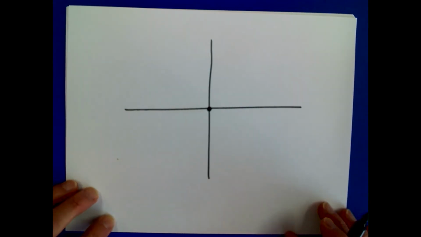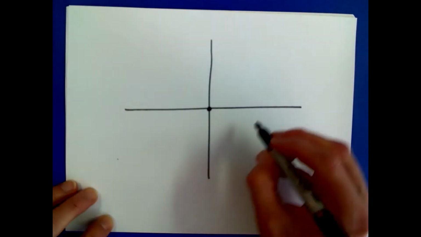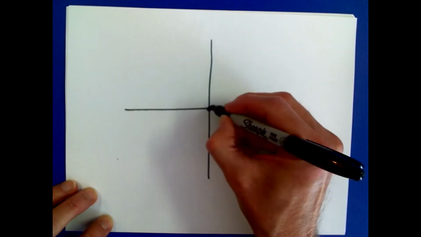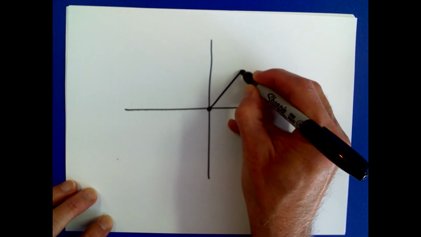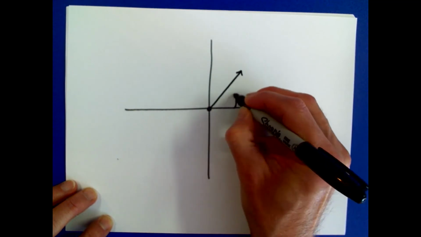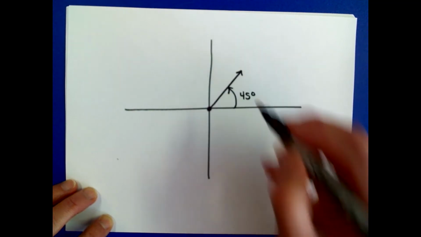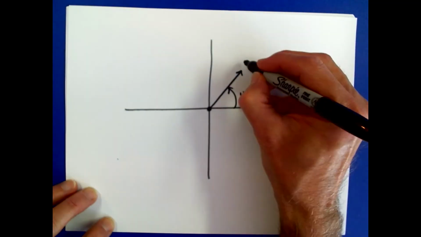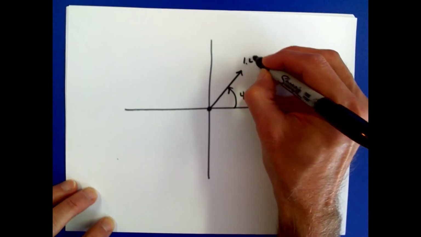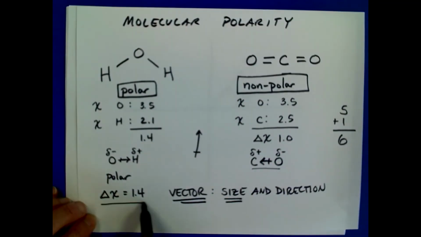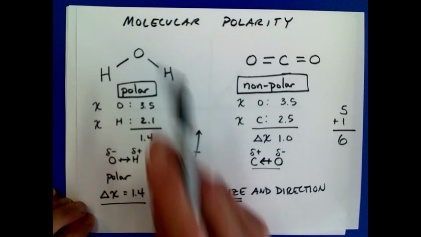We take a vector and point it in this direction at a 45-degree angle, and we'll say this vector has a magnitude of 1.4, because that's the difference in electronegativity between hydrogen and oxygen.